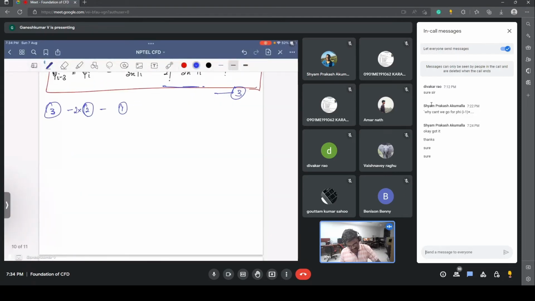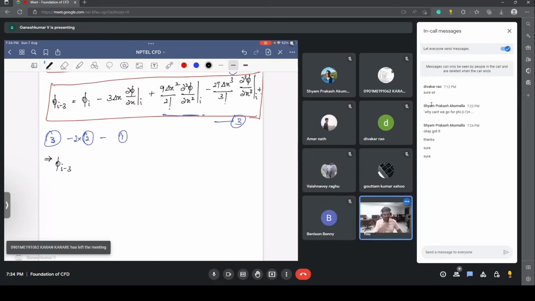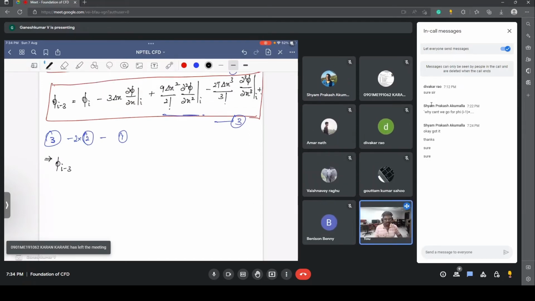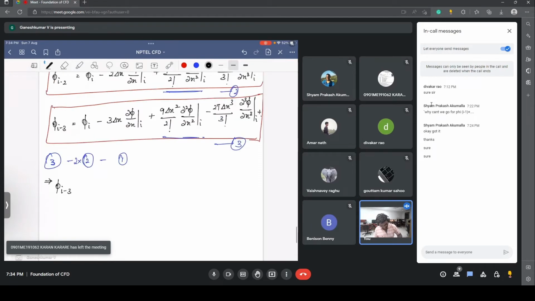So, we are taking this phi i minus 3 equation. LHS we will add separately, RHS we will add separately. This is phi i minus 3 minus 2 times phi i minus 2 minus phi i minus 1.